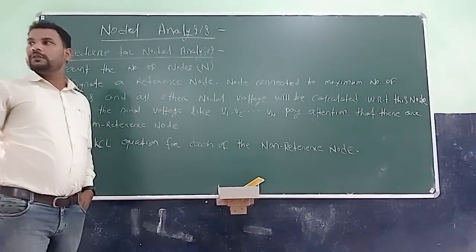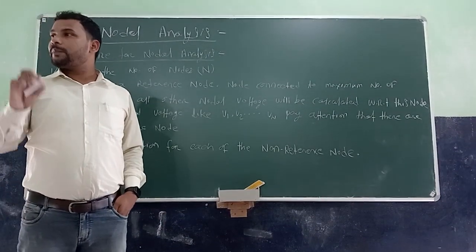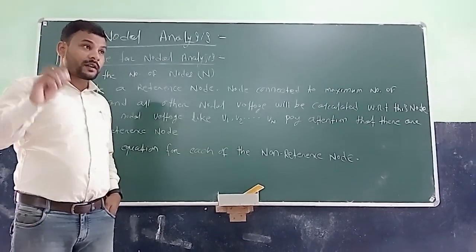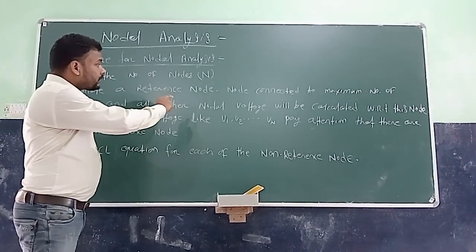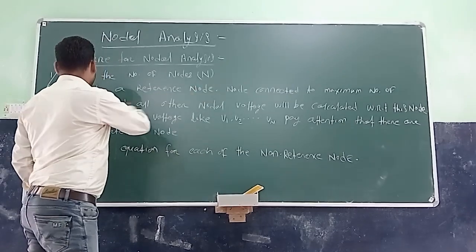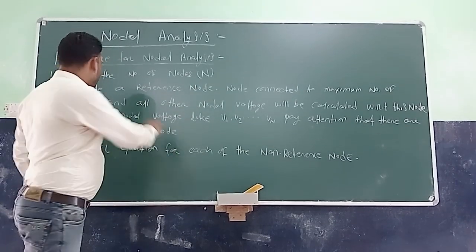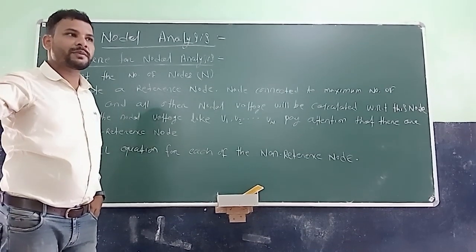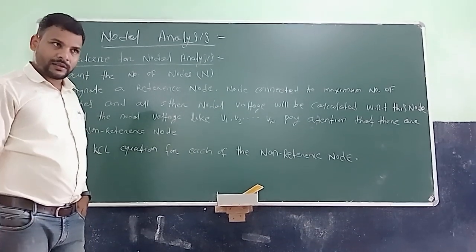That means we have to choose a reference node and point out that node as the reference node. Which node do we choose? The node connected with the maximum number of branches. And all other nodal voltages will be calculated with respect to this reference node.